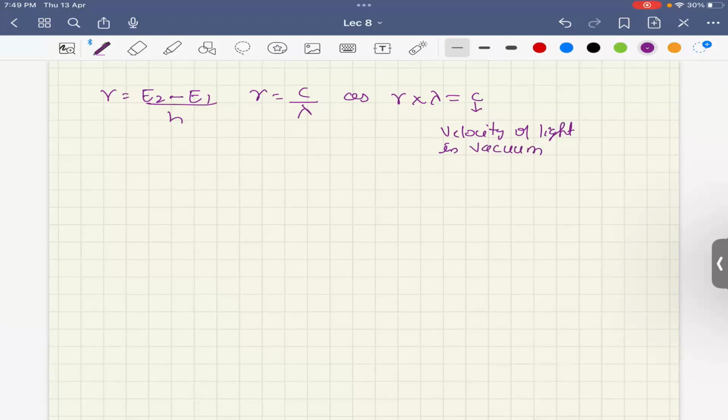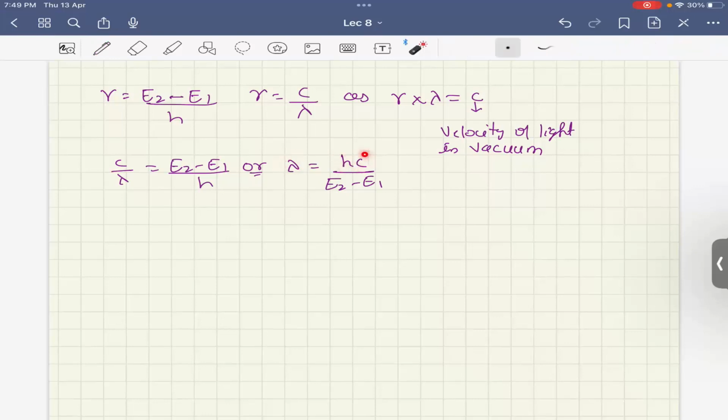Thus, c by lambda is E2 minus E1 by h, or lambda is hc by E2 minus E1. Since h and c are constant, and E2 minus E1 corresponds to a definite energy, each transition from one level to another will produce a light of definite wavelength.